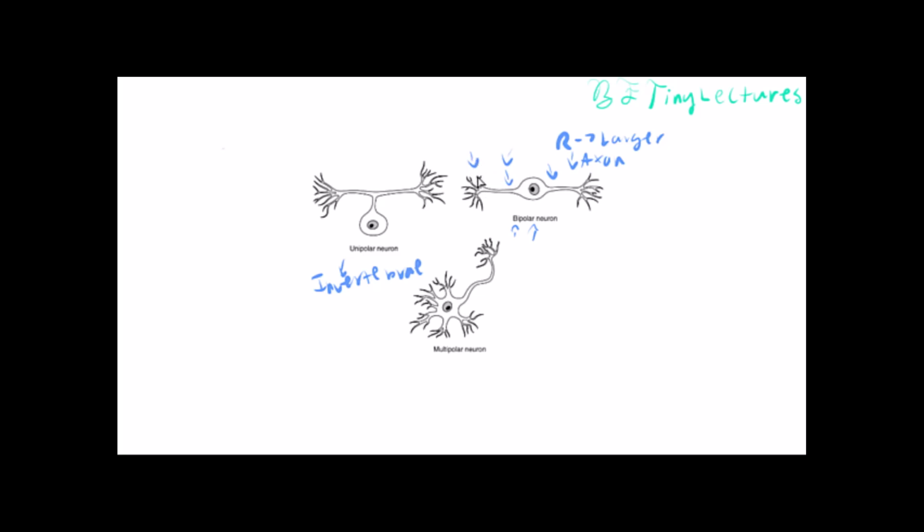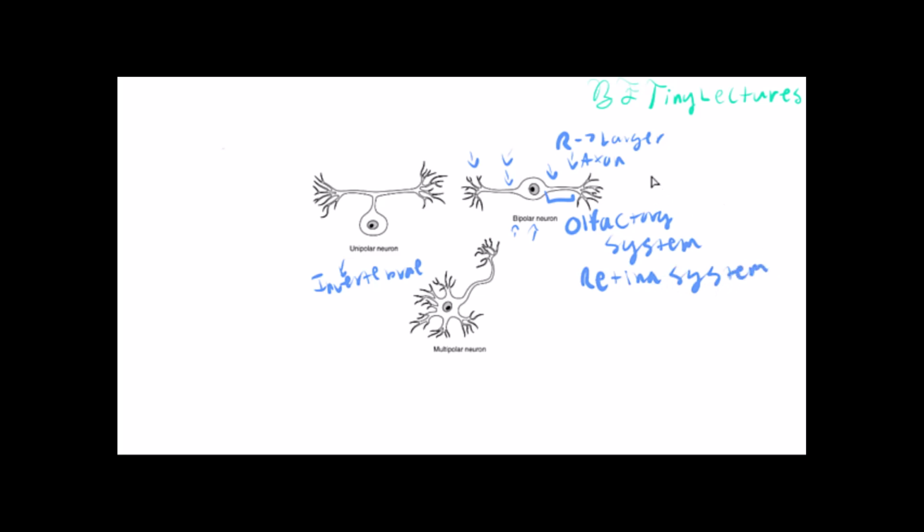So this one would receive information, and this one would relay the information to either a different neuron or to a cell. This is really present within the olfactory system, and also part of the retina system.